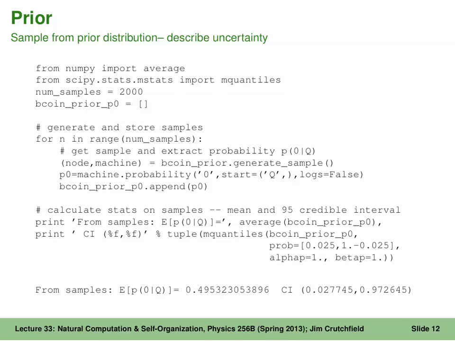If I did this 10,000 times, it's better. And then the credible interval is 0.027 and 0.972. Really, if you do lots and lots of samples, it would be 0.025 and so on. So basically, this is saying that our information about probability of 0 given Q is completely uncertain. It's anything between 0 and 1.